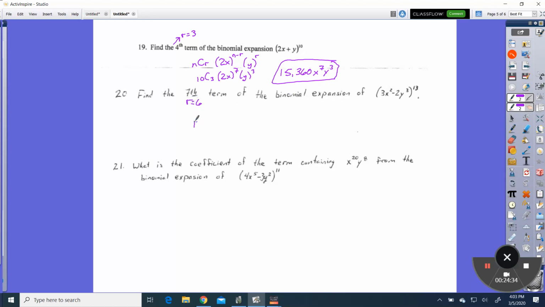So I'm going to have 13C6, 3x squared to 13 minus 6 right here. So 13 minus 6 is 7. Negative 2y cubed to the 6th. So I'm just going to type this in the calculator.